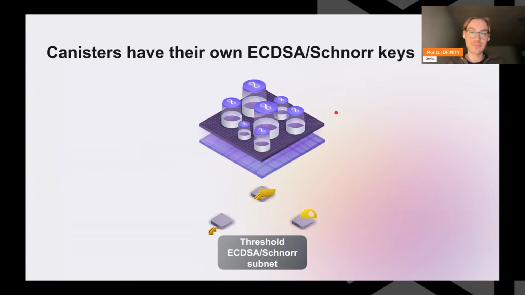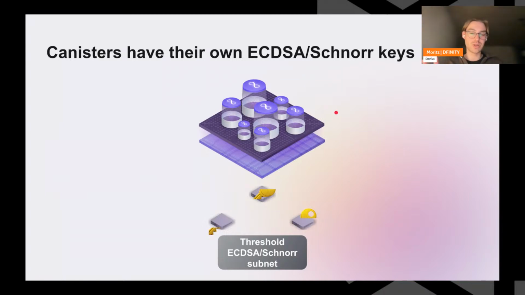And from this single key pair, basically an unlimited number of keys can be derived. So it's not like there's a single Bitcoin address for a canister. No, canisters can actually derive basically an unlimited amount of keys and therefore an unlimited amount of Bitcoin addresses. And this is very helpful, as we'll see later when we take a look at the CKPTC meter.